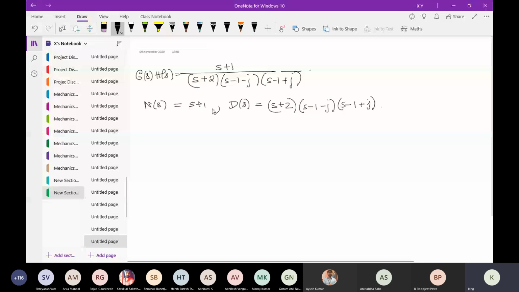So if you take the derivative of this, let's see what this boils down to.